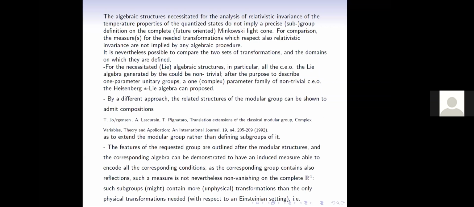The measure has to contain the subgroups of SL(2,R) that contain the physical transformations present in the Einsteinian setting or from other contributions to the gravitational force that are not Einsteinian, which are not excluded theoretically, but have not been experimentally detected yet.